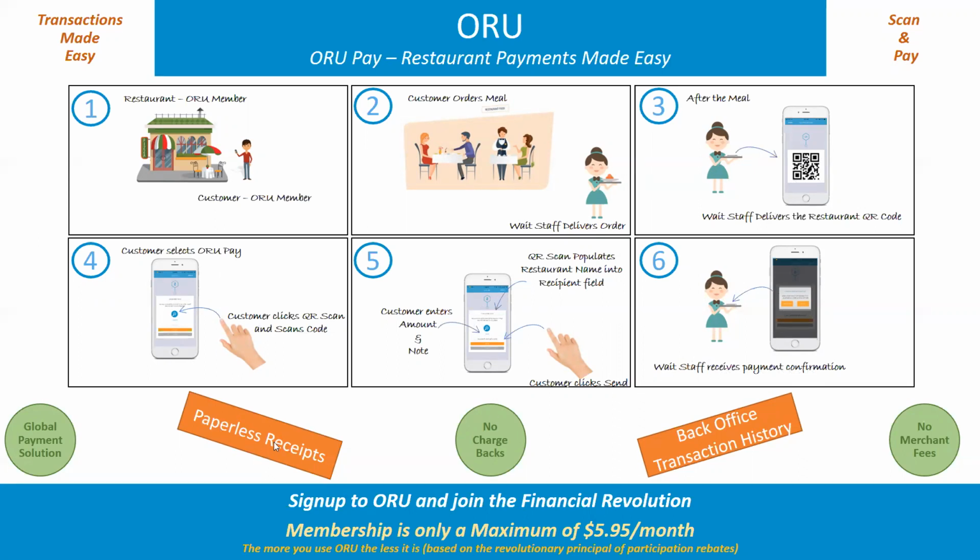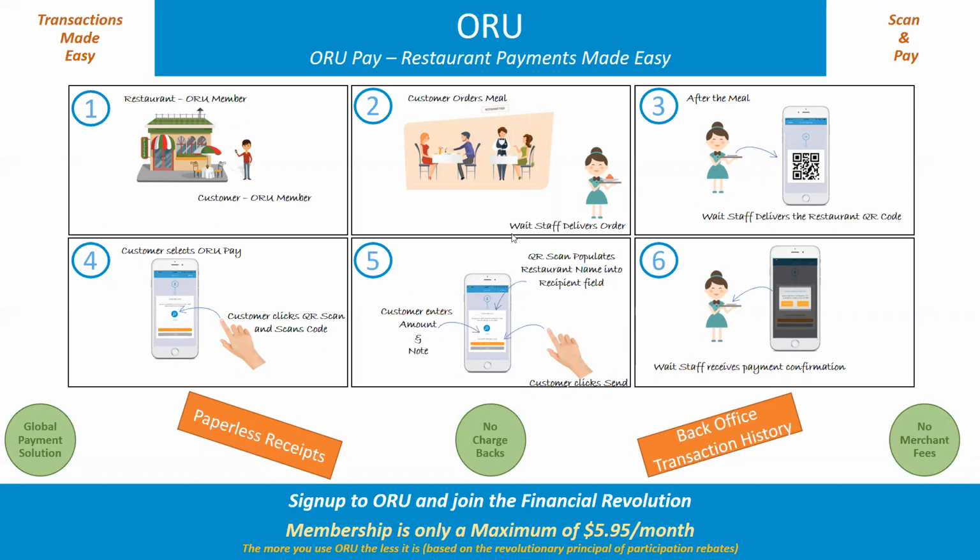Now, this allows for paperless receipts, because in the back office of everyone's account, you have a full transaction history of all monies coming in and going out. And of course, there are no merchant fees. So the amount that is entered here has no merchant fees.